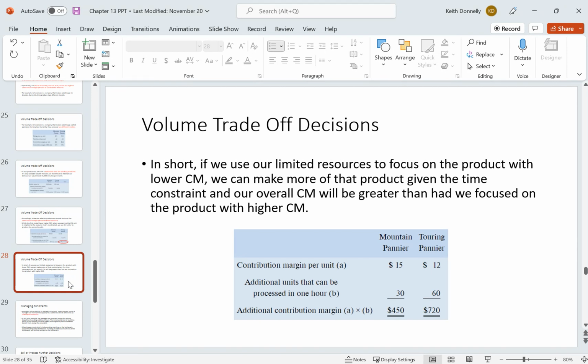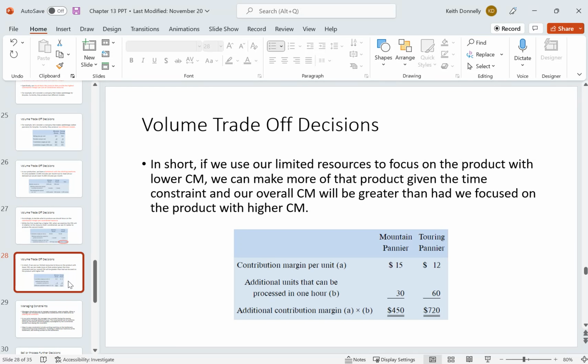And what it says here is, in short, if we use our limited resources to focus on the product with the lower contribution margin, Model B, we can make more of that product given the time constraint, and our overall contribution margin will be greater than had we focused on Model A, the product with the higher contribution margin.